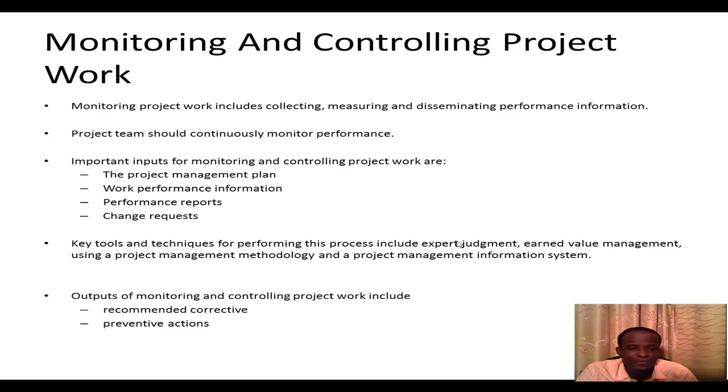So, in order to monitor and control the projects, you have to find out what was originally planned. So you have to look at the project management plan, and if there is any performance information that you gather, you try to compare it with what's in the plan to see if things are going according to plan or according to schedule, and if there are any variations, you want to take action.